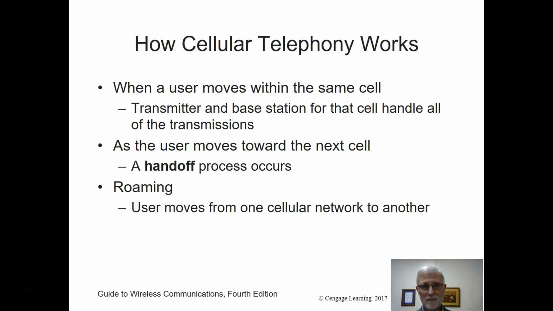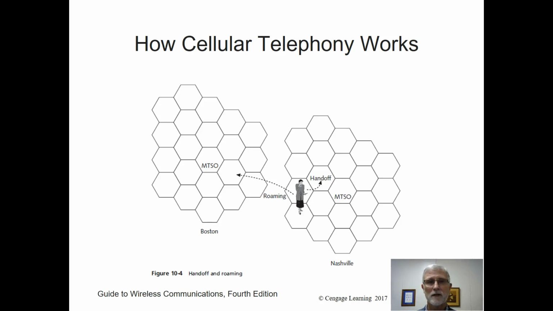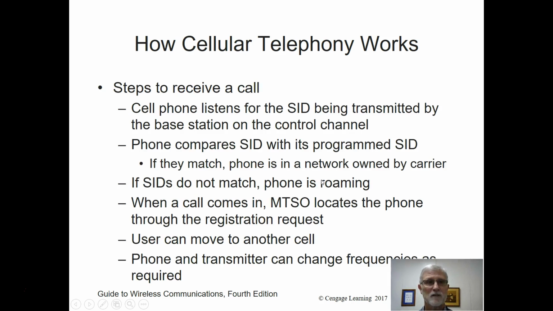It's called roaming when I move from one cellular network to another. It used to be that the cost of going between those networks was astronomical. Well, now they've come up with agreements so that you're pretty much going between networks and can't even tell. You never get a bill for it. So moving from one network to another means I'm roaming. Going from one cell to another, I'm handing off between the cell towers.